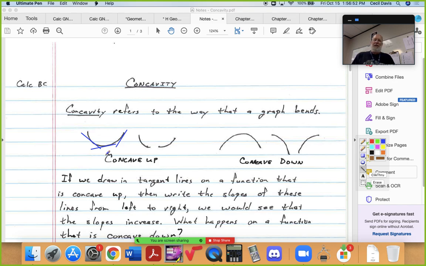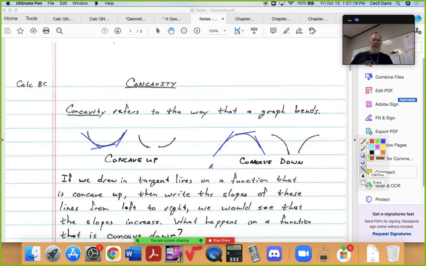Okay? As opposed to when something's concave down, if we draw in the tangent lines, let's say we draw in one over here, what's happening to the slopes over here? They're decreasing. And all the tangent lines are above the curve. Okay?